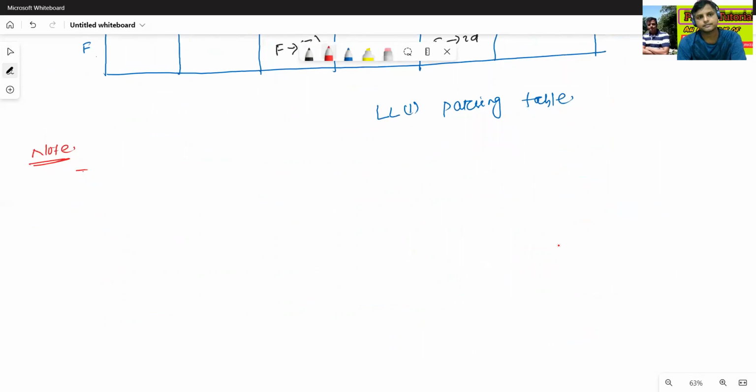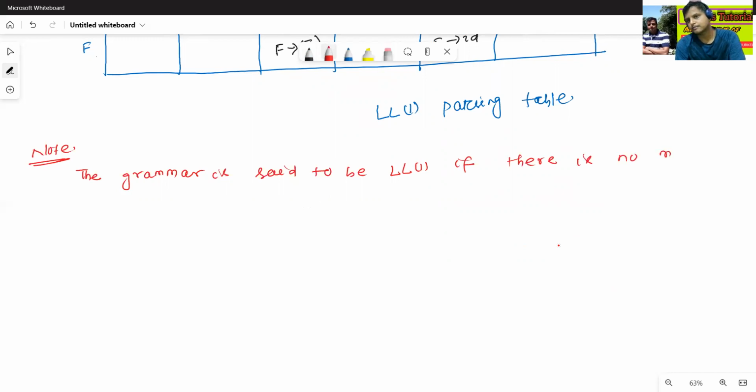The grammar is said to be LL1 if there is no multiple entry in its LL1 table.